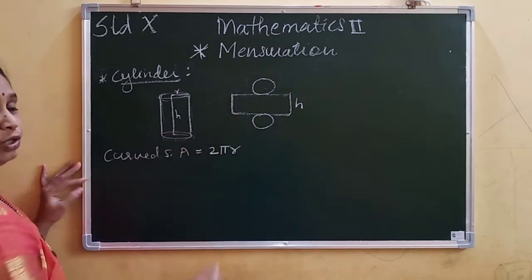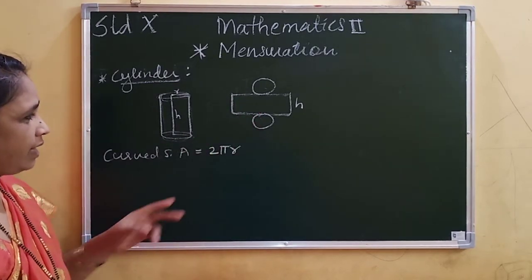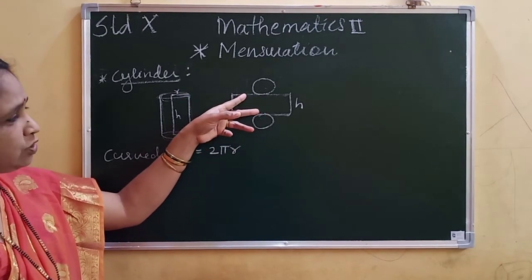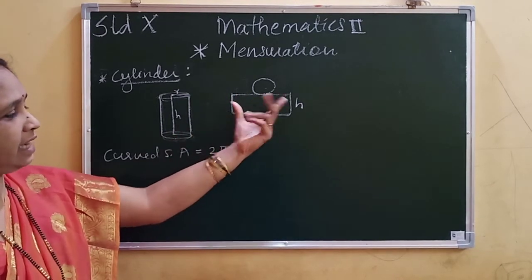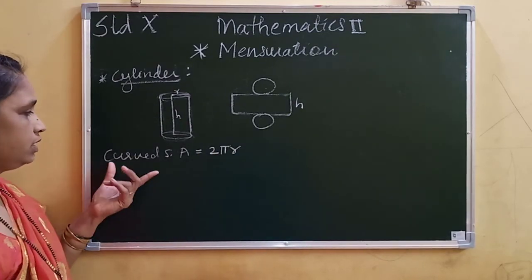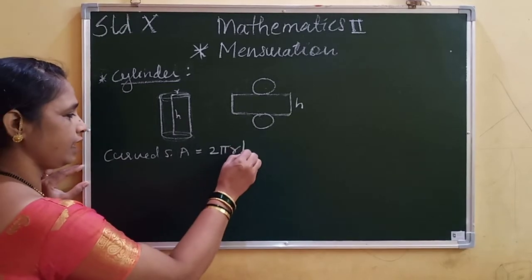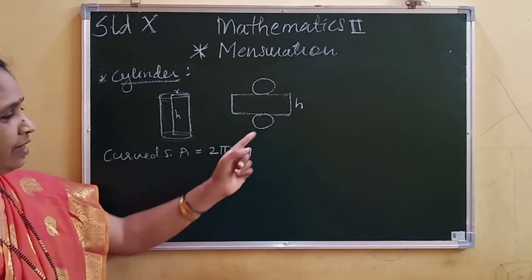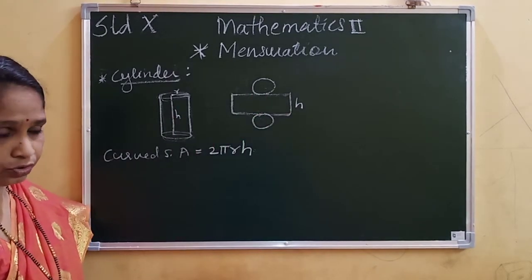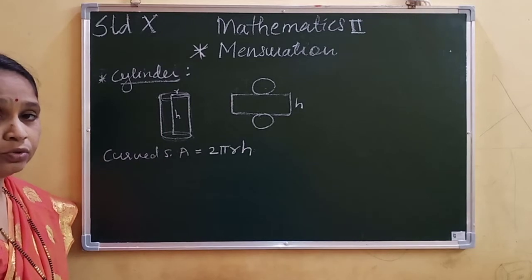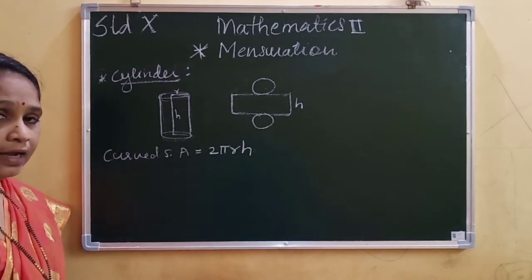So the length is 2 pi r and the height is h. So the curved surface area of the cylinder is 2 pi r h, meaning length into breadth. So length is 2 pi r and breadth is h. The curved surface area of a cylinder will be 2 pi r h.